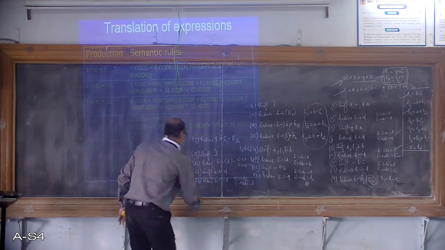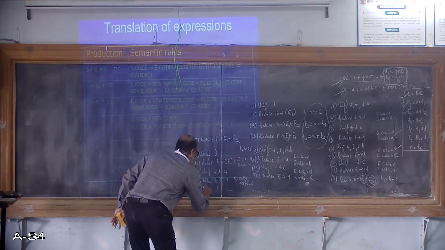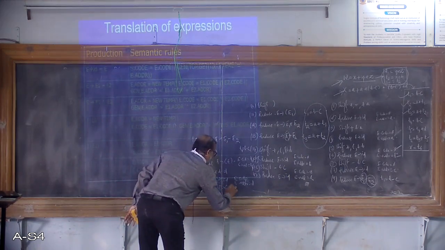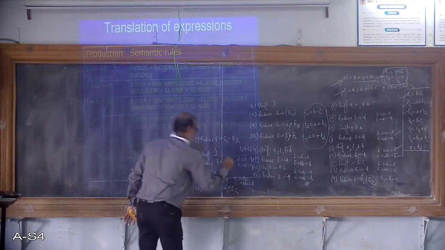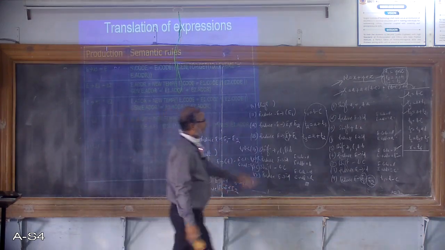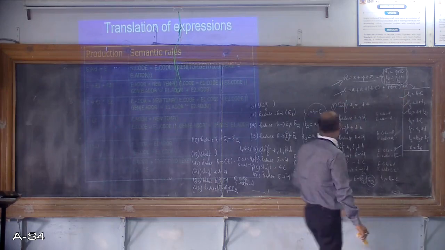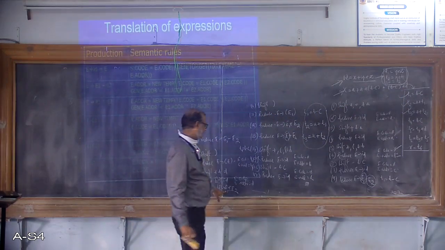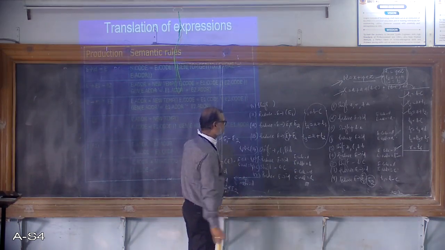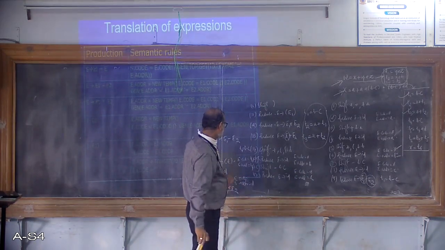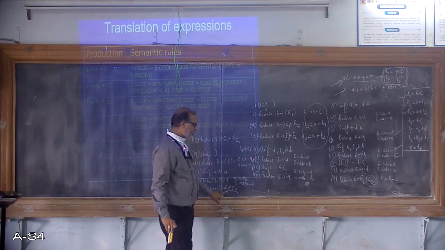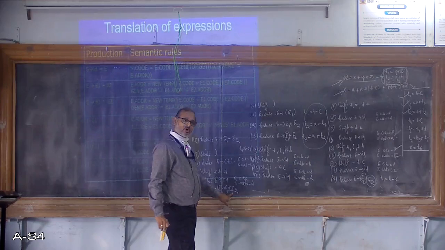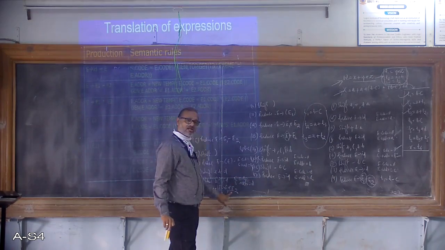Next is 23rd, reduce with production E derives E1 star E2. So I have E1.address as T4, and E1.code as T4 equals B minus C, and E2.code as null, and E2.address is D.